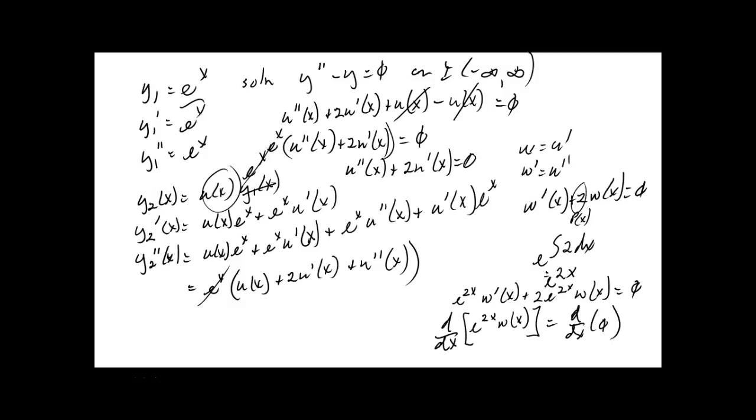Or separation of variables, however you want to call that. So that would give you e to the 2x w of x is equal to some constant. What was our favorite?